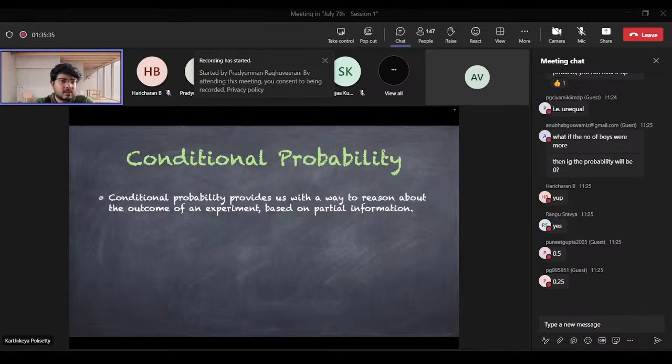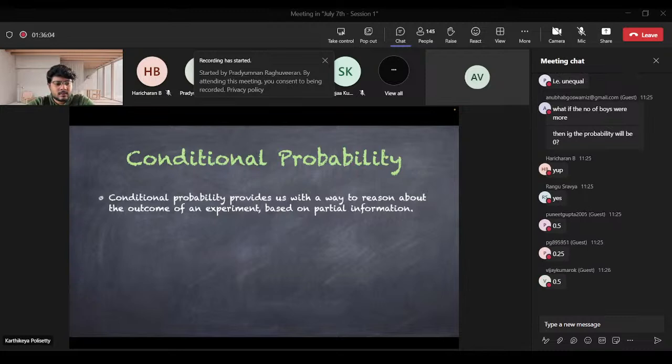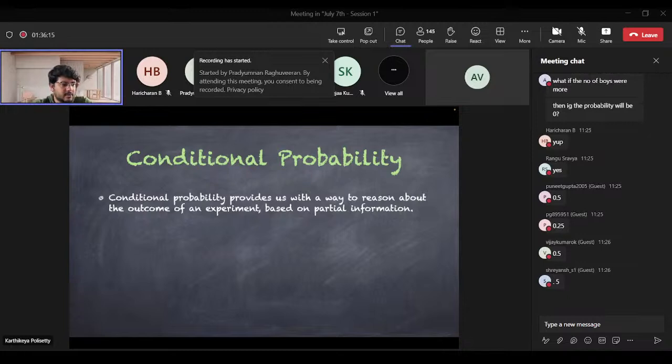Yeah, I can see different answers. You can try this question. You are tossing a coin twice, and you are given that the first toss is a head. What is the probability that you get both tosses head? There are different answers: 0.5, 0.25, 0.5.